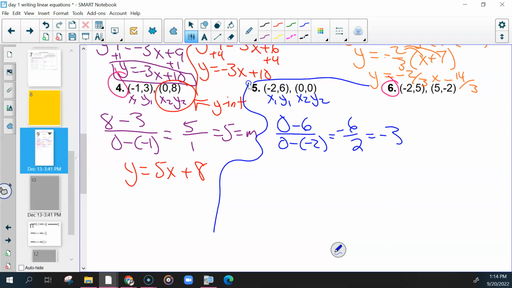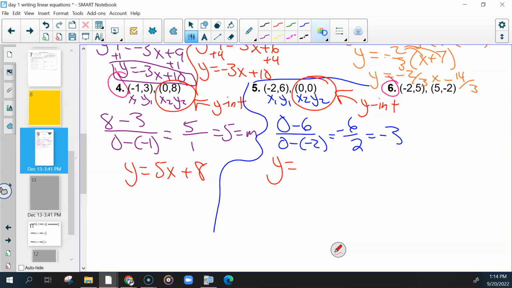Are you given your y-intercept here? Yes. You are given it. This point right here is your y-intercept. Anytime you see 0 for x, that is your y-intercept. So then, because we're given our y-intercept, we don't have to do the rest of the work.